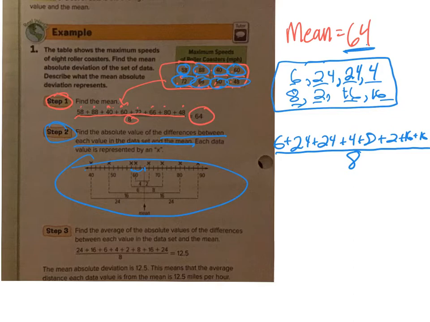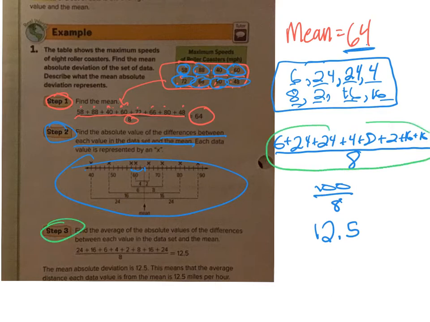So I add those up. 6 plus 24 plus 24 plus 4 plus 8 plus 2 plus 16 plus 16. That gets me an even 100. And I divide that by 8. And that gets me 12.5.